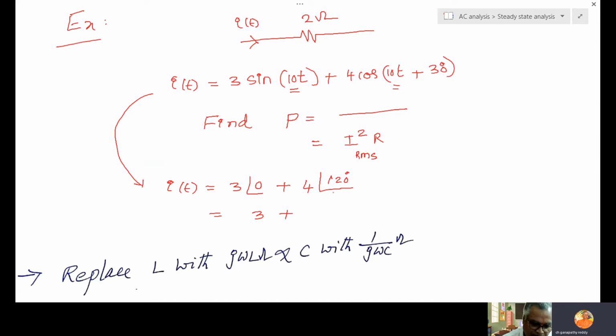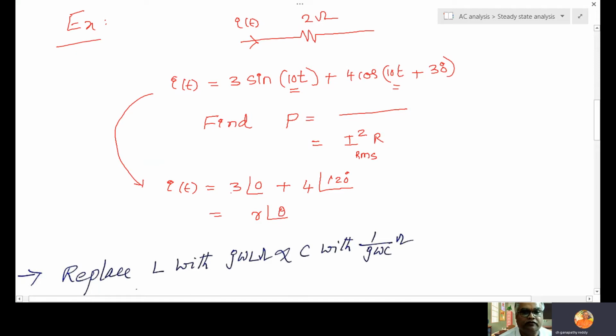My calculator is not working well, but you will get the r angle theta form.